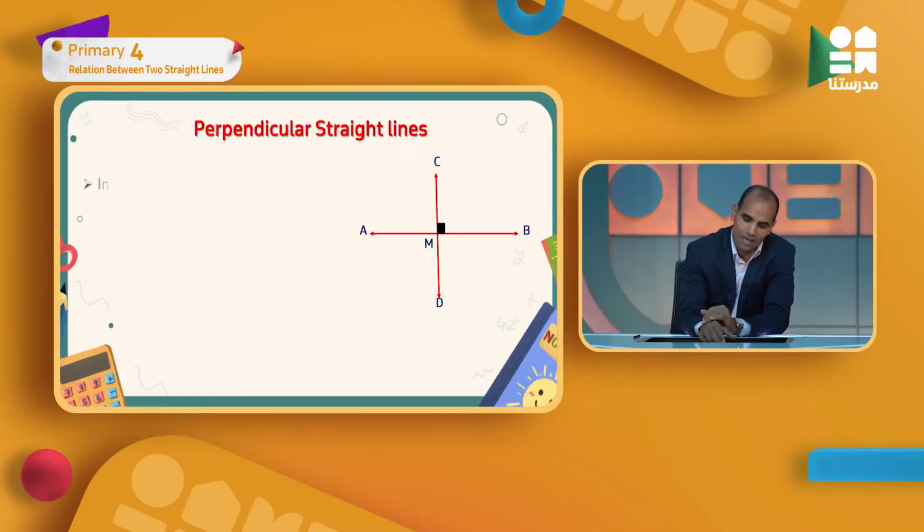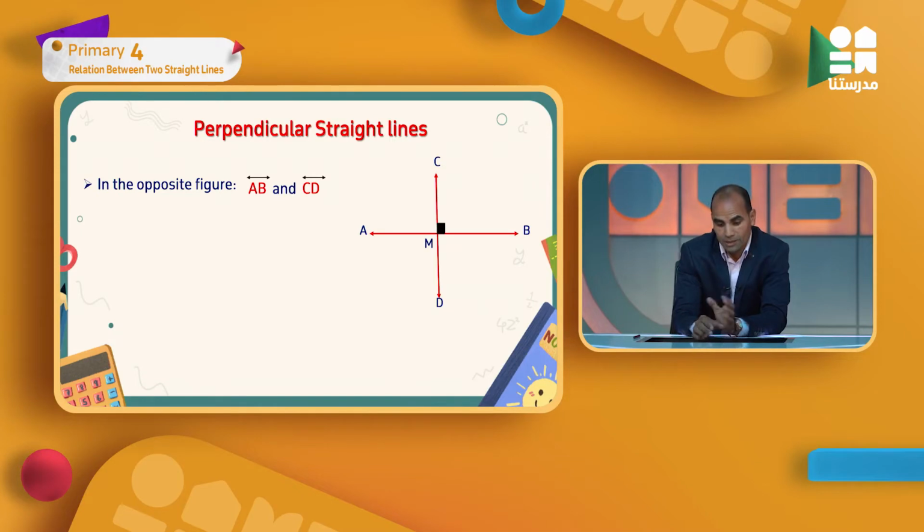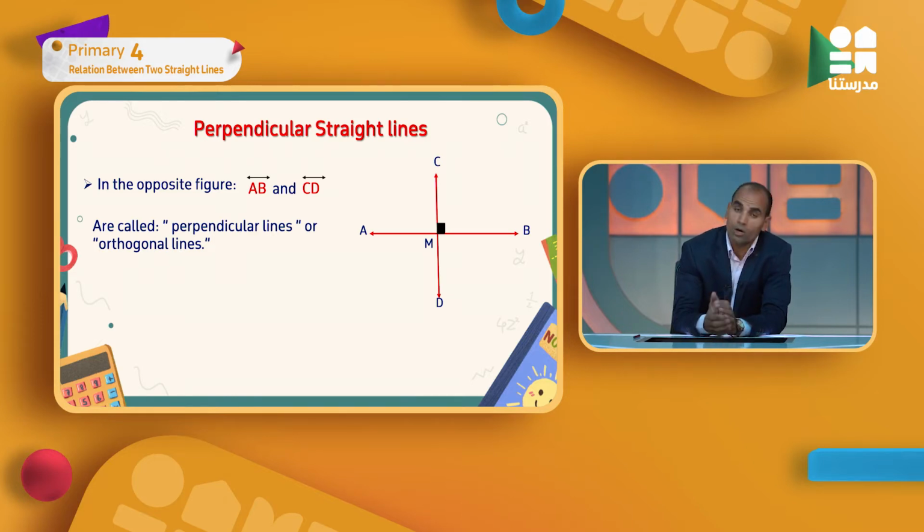So now we are going to speak about perpendicular straight lines. The two straight lines on the screen, the straight line AB and the straight line CD, are called perpendicular lines, or orthogonal lines. You can repeat it again: perpendicular, orthogonal.